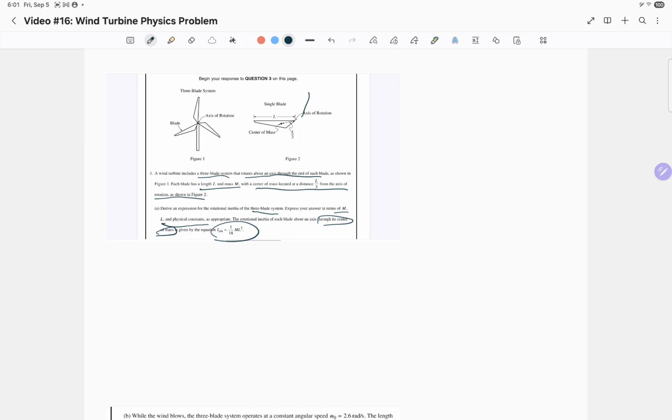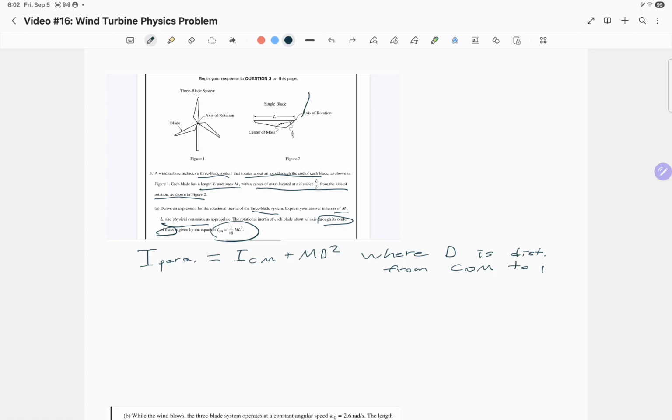That's known as the parallel axis theorem. We saw this in a prior video, might have been 2 or 3 videos ago. I'll write the equation down first. It states that I parallel equals I center of mass plus md squared, where d is distance from center of mass to the parallel axis.